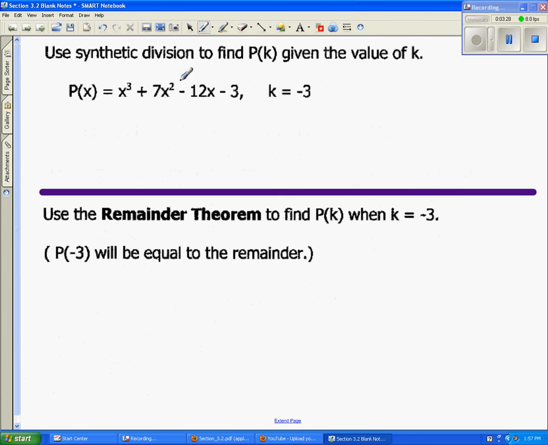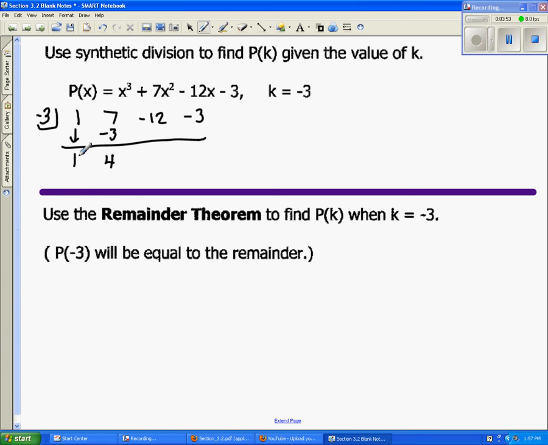Same thing now, it says use synthetic division to find p of k. If they tell us k is negative 3, okay, they tell me k is negative 3. And then I have x to the third, x squared, x, and my constant. Drop my first. Now I'm going to multiply. Negative 3 times 1 is negative 3.